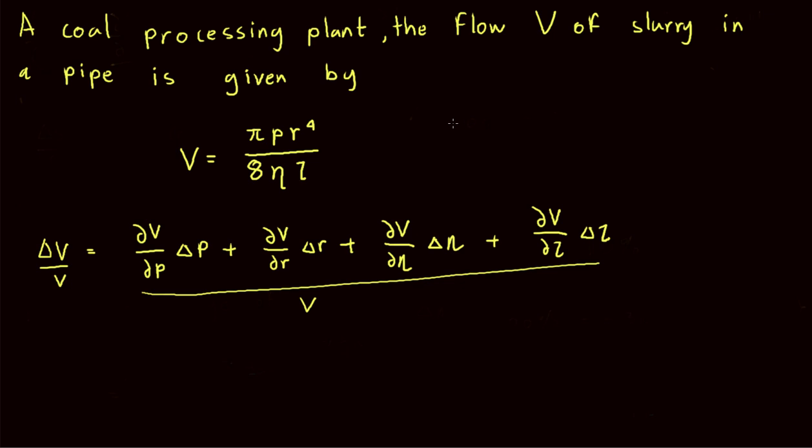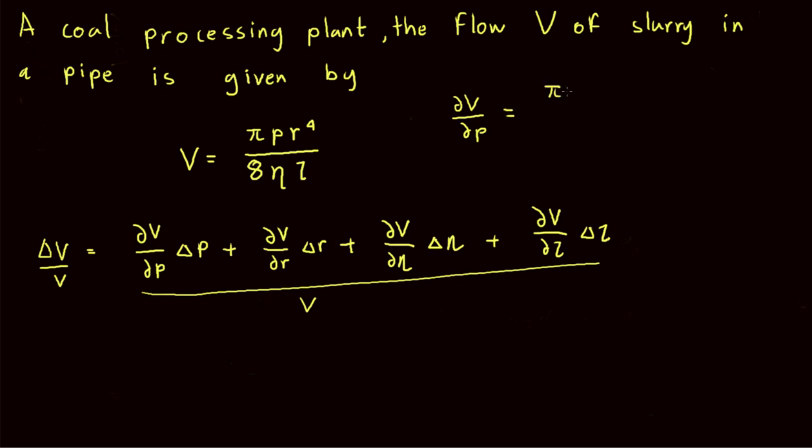So first of all, we need to find all the partial derivatives. Let me write down here. Del V over del P, again, everything else is a constant, so nothing to worry about.